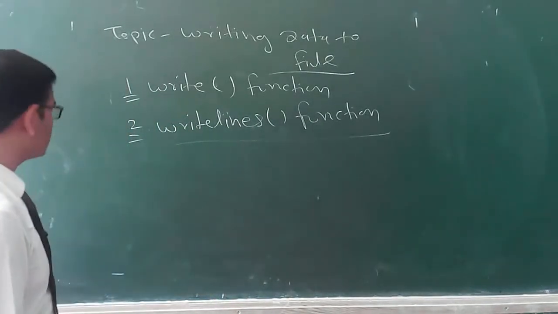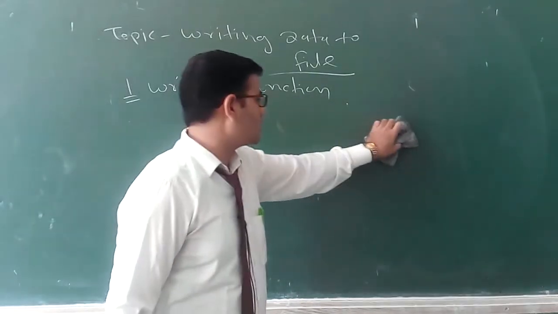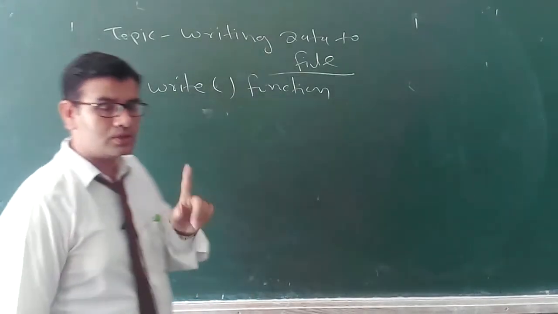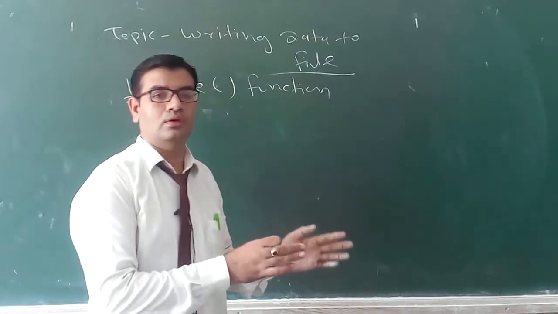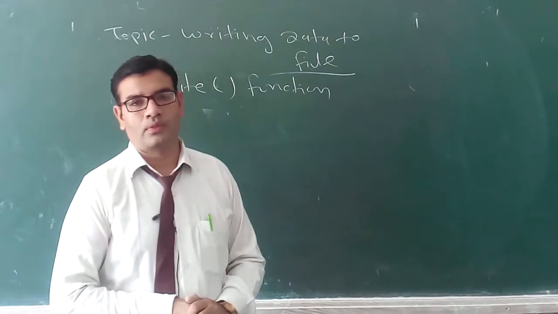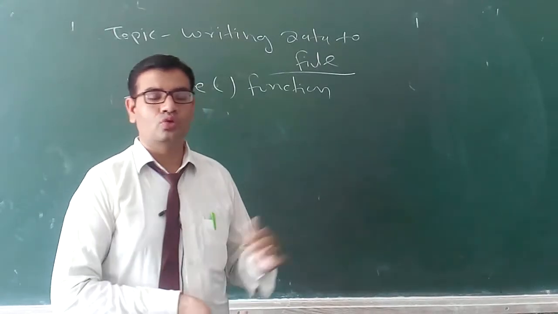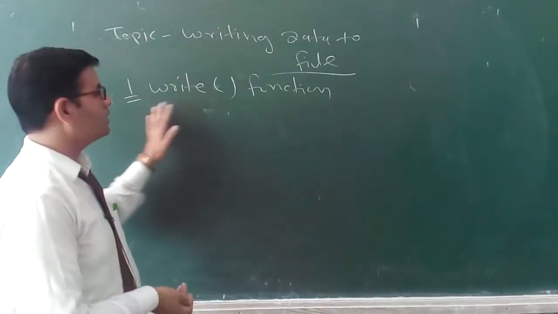By using the write function, we can write a single line to your newly created file. If we want to save only a single line to our newly created file, then we can use the write function.